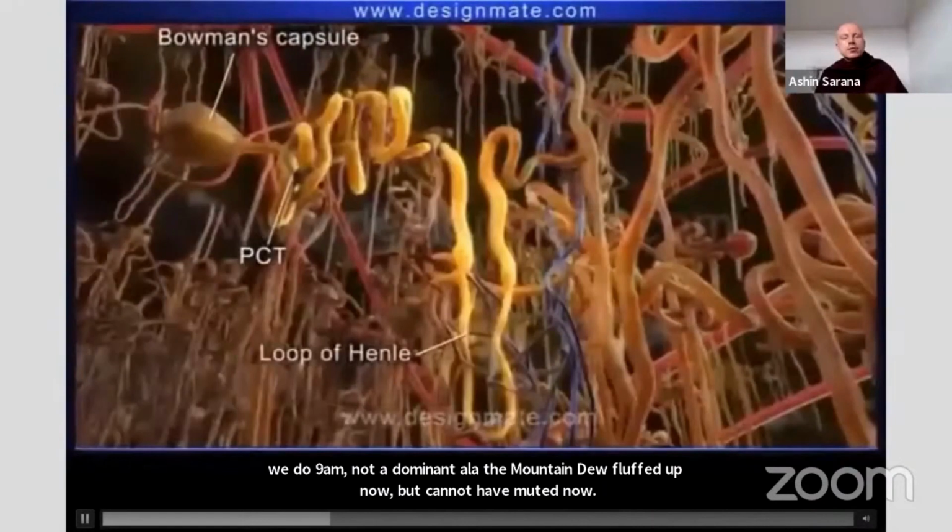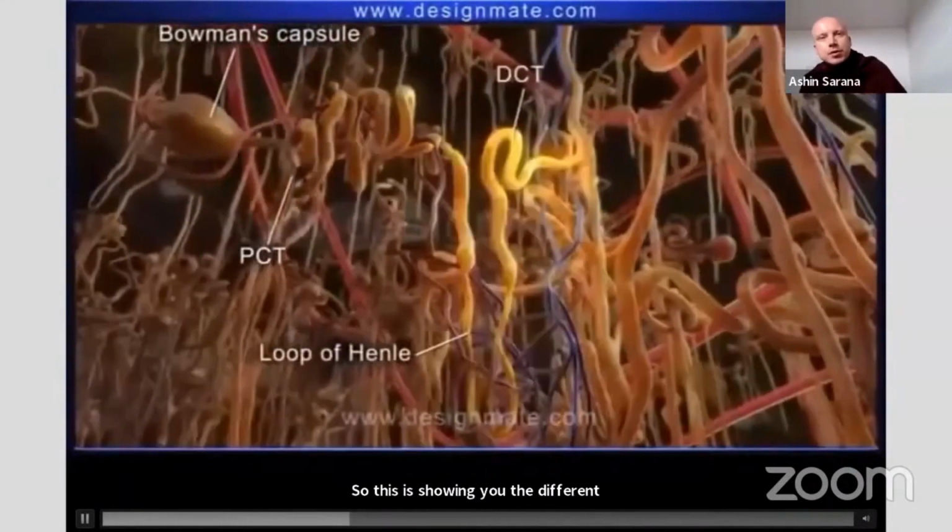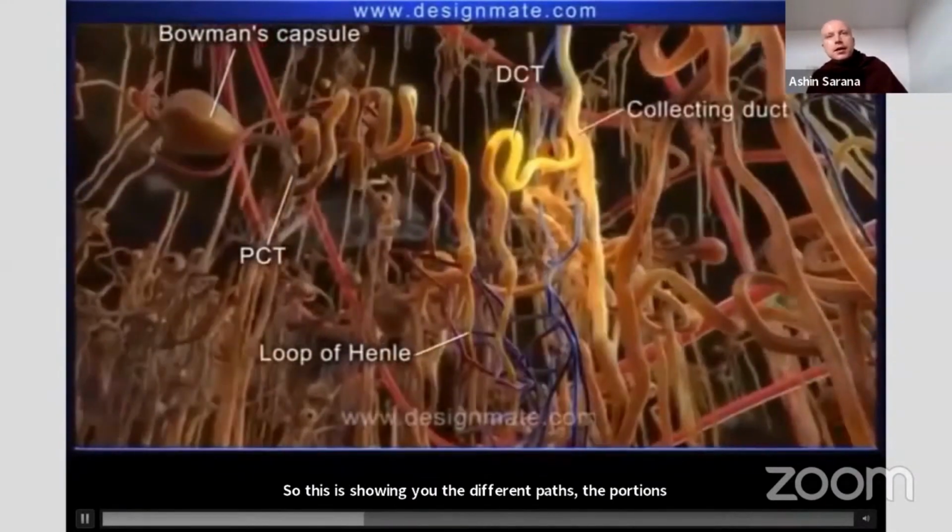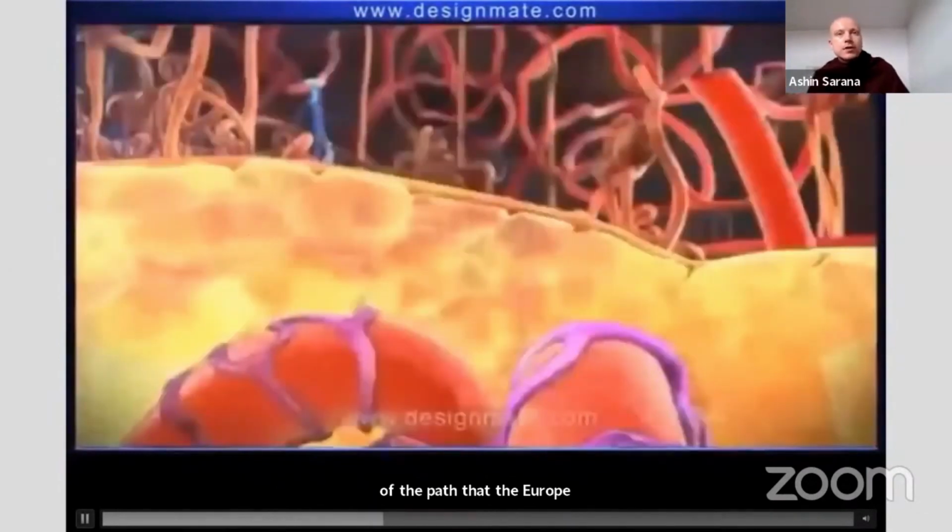So this is showing you the different paths, the portions of the path where the urine will gradually form.